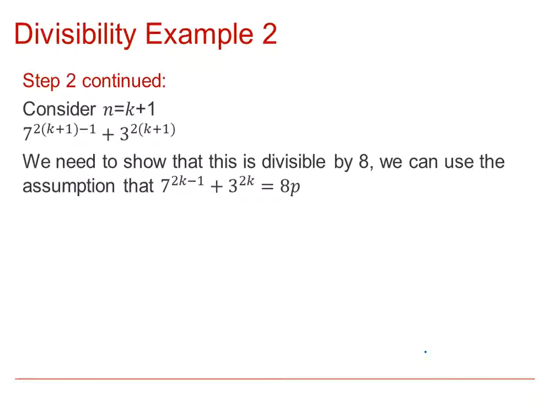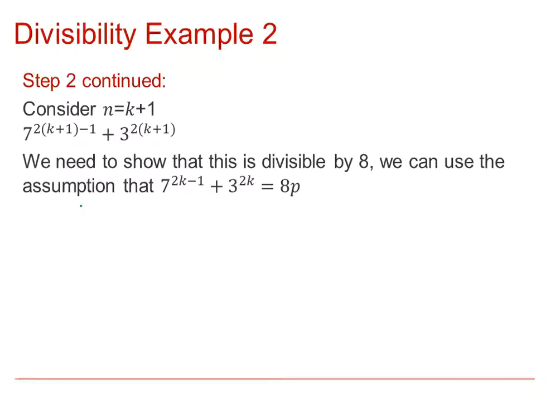So now we've got to show that 7 to the power 2 bracket k plus 1 minus 1 plus 3 to the power 2 bracket k plus 1 would also be divisible by 8. And two important points to remember here: we can use this assumption statement whenever we think it's appropriate in our algebra, and our target is to prove that this term is divisible by 8.